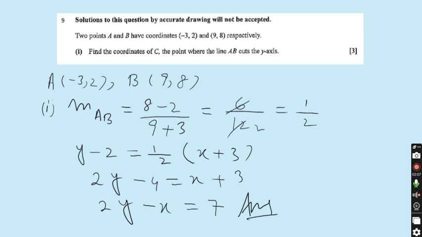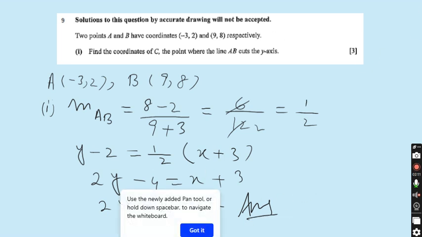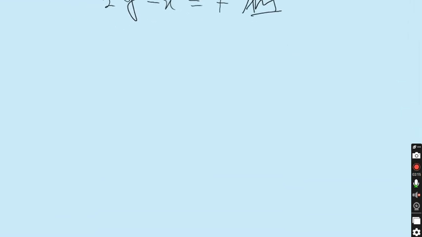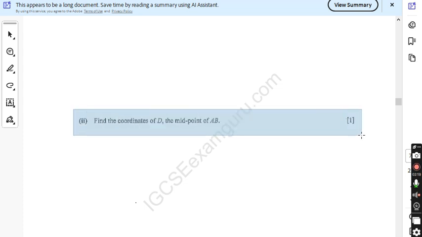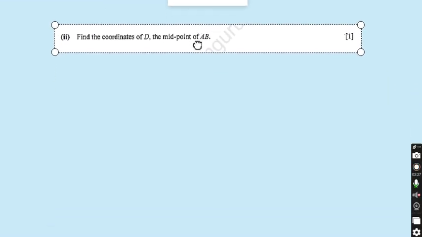Hope you understand. Now let's have a look at part number 2. What is part number 2? Find the coordinates.